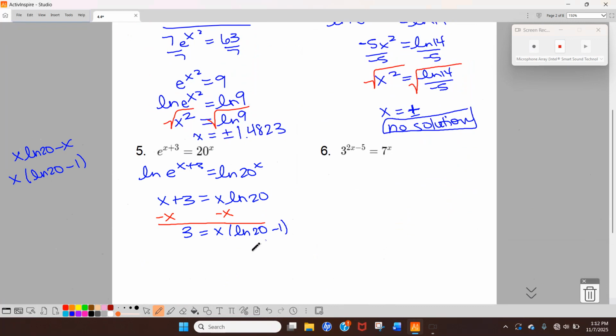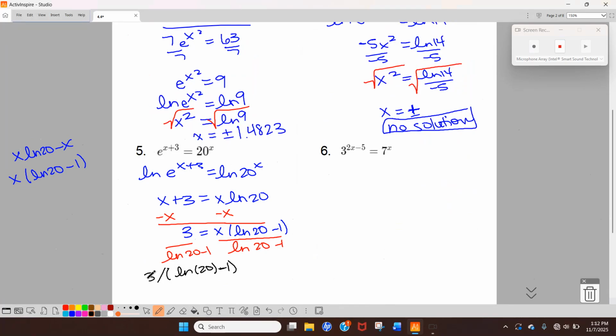So now to get x by itself, I can divide by that ln 20 minus 1 on both sides. And that's what's going in my calculator. But again, make sure that the order of operations works. So when you type this in, it should be 3 divide parenthesis ln parenthesis 20 close parenthesis minus 1 and then close the one that you started over here.